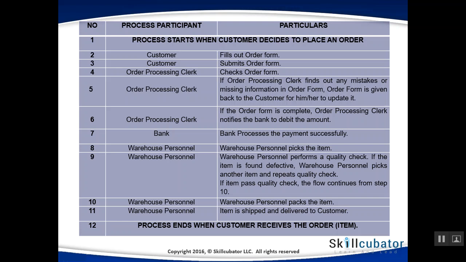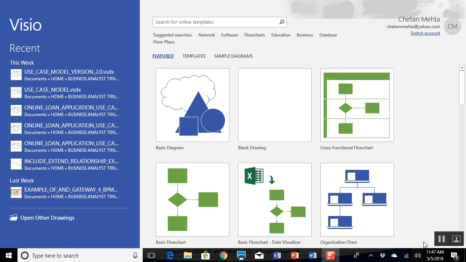We must think about what the process should do, how it should behave in the event something doesn't go as per the plan. So let's get going with the tool. I have Microsoft Visio. Now I'll go here and click on this stencil, the cross-functional flowchart.